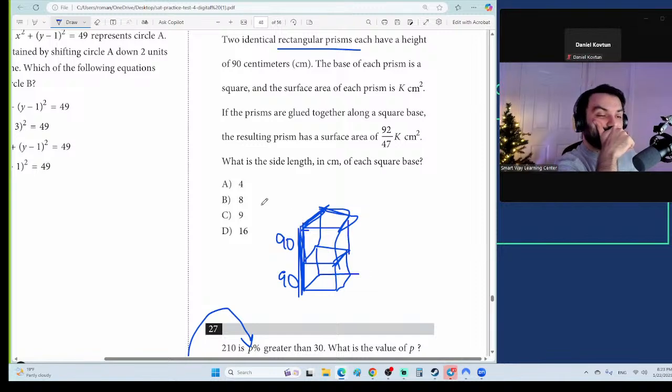If the side length of each square base is 4, what happens? How can we find surface area? It's 16, 16, and then 180 times 4, four times, plus 32, 16 and 16.